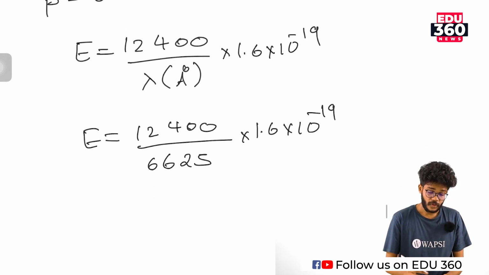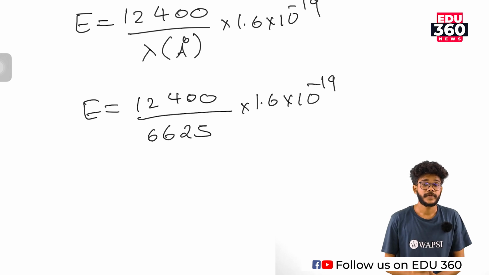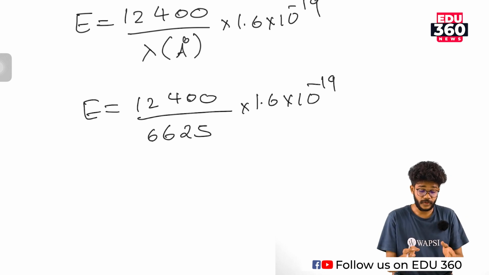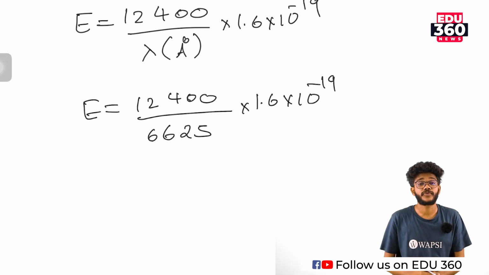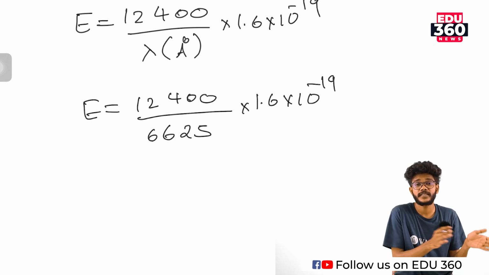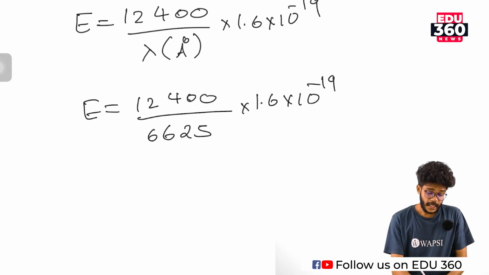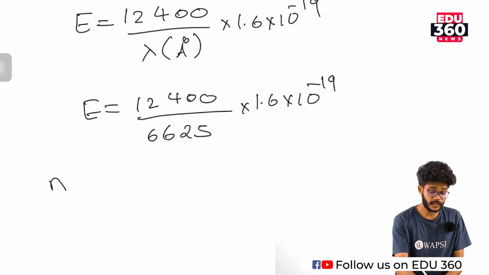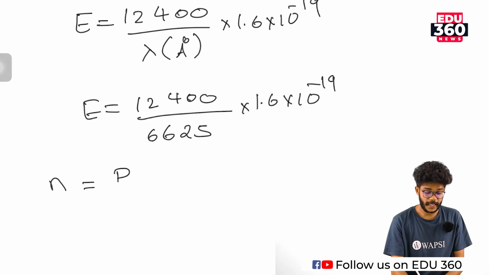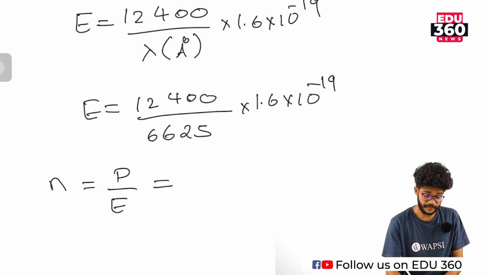Now we have to calculate the number of photons. We have the energy. So what is the relation between number of photons with respect to energy? Number of photons per second, n by t, with time as 1, is equal to power by energy. Power is 60.